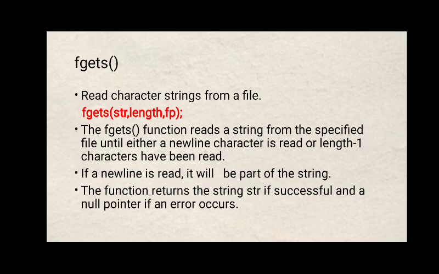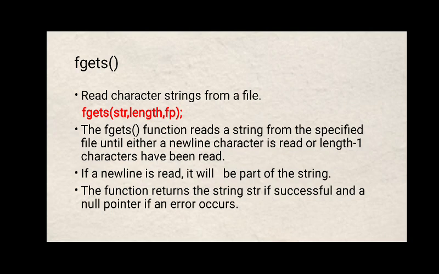Now moving on to fgets. Fgets is to get a fixed length string of characters. That is, you are getting a string from a file, and the syntax is fgets, specify the string or the character array to which you are going to store the value, and you can specify the length of the string that you're going to read, and then specify the file pointer.